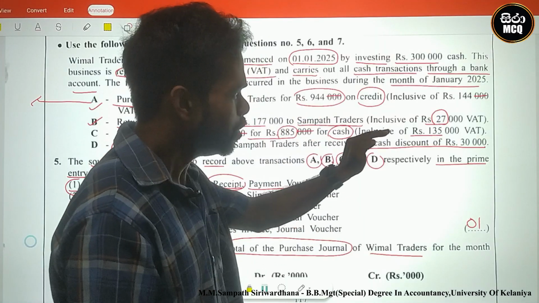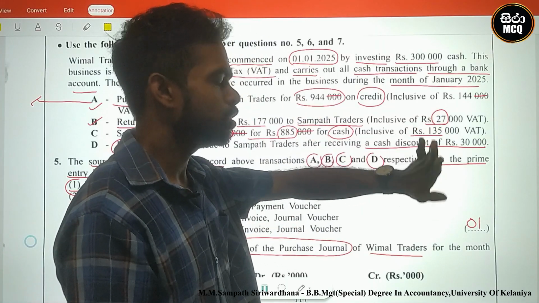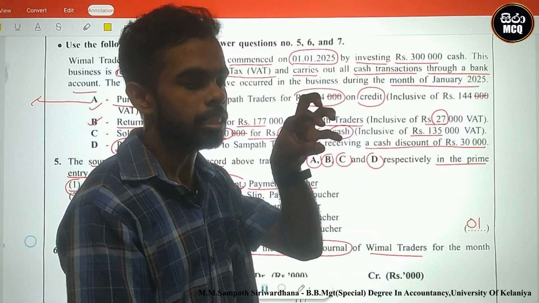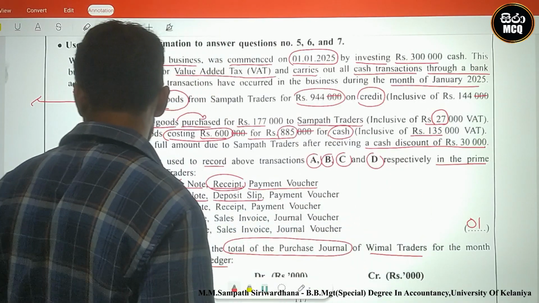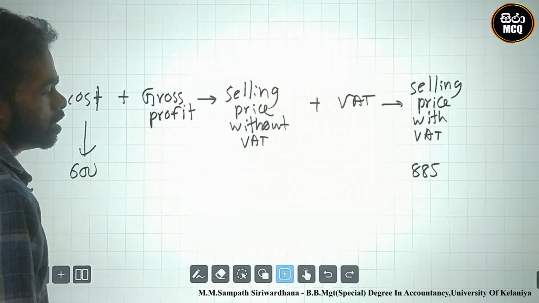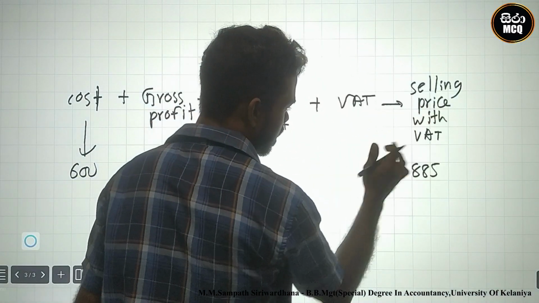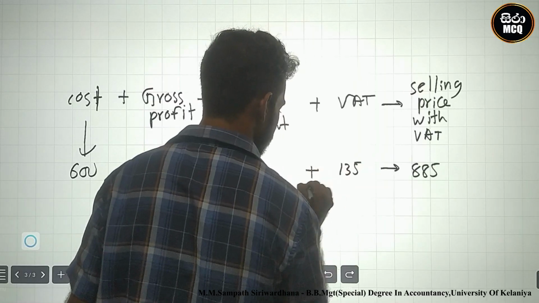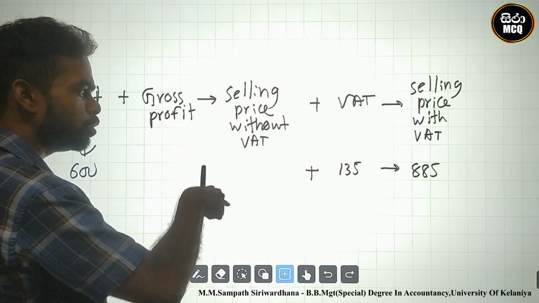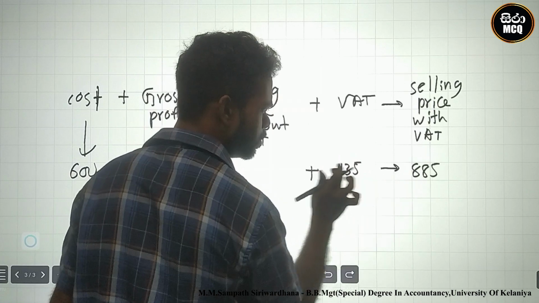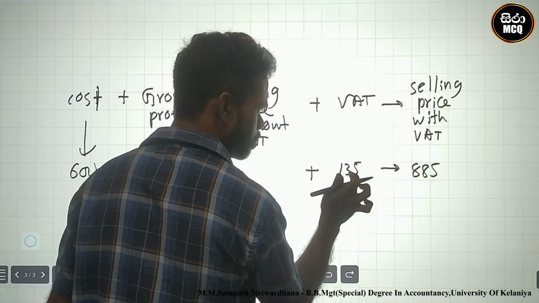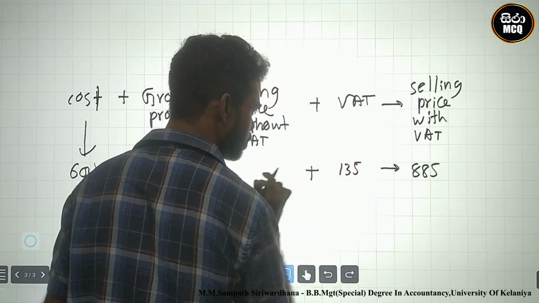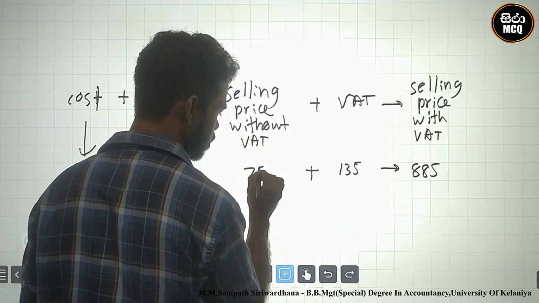Another thing is inclusive 135 VAT. Inclusive means this includes the VAT amount, and the VAT amount is 135. What is the selling price without VAT? This is the amount with VAT. So 885 deduct 135 must be 750.